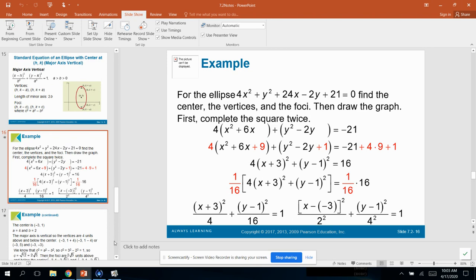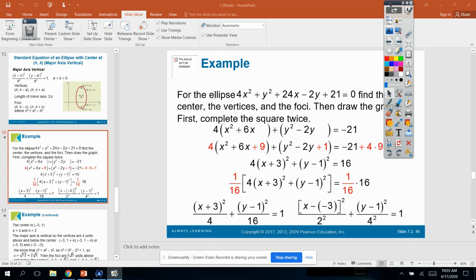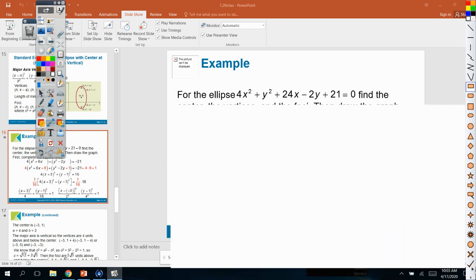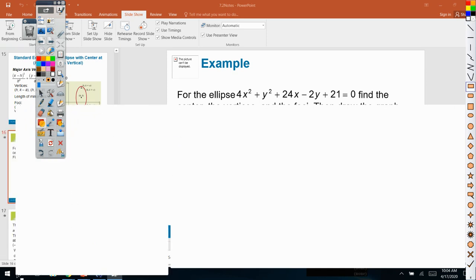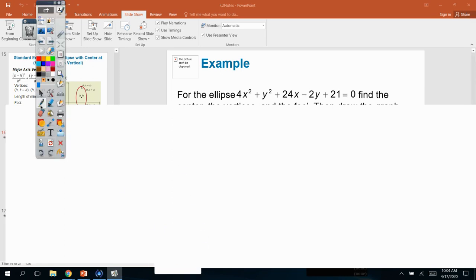Okay, so all we're going to do is this example here. Let me cover some of this up. And it's going to show you how to change it to the way we want, and then how we'll use the graph to answer all the questions, okay? All right, first thing you need to do is make it look the way we like it to look.